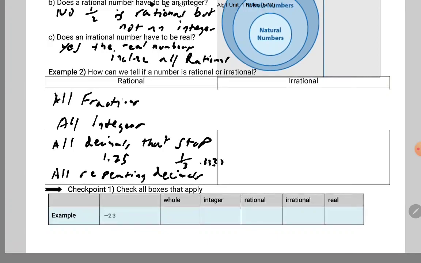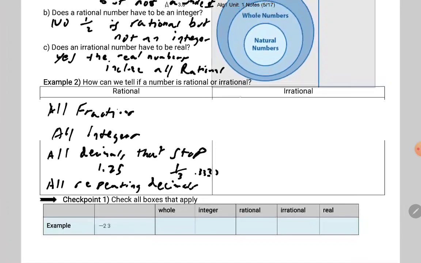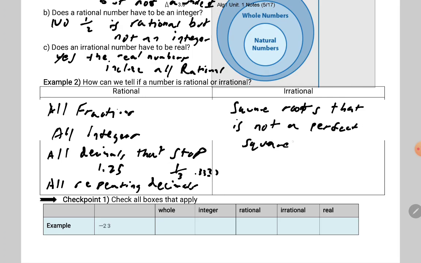So irrational numbers, any square roots that are not a perfect square, and what I mean by that is if we have the square root of 4, that is considered a perfect square because the square root of 4 is 2.